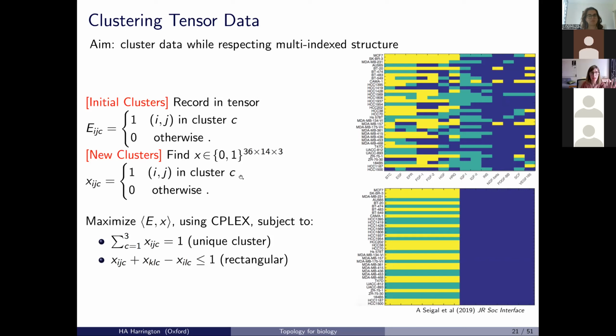And then we want to find new clusters, so we're maximizing the inner product between our partition tensor and X, which is what we want our new clusters to be in the 36 by 14 ligand by 3 different clusters. And we used CPLEX integer programming optimization to do this, where every cell ligand is in a unique cluster, but then this is also rectangular.